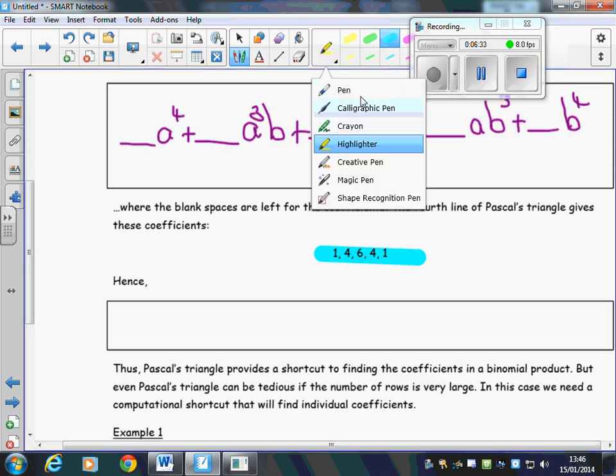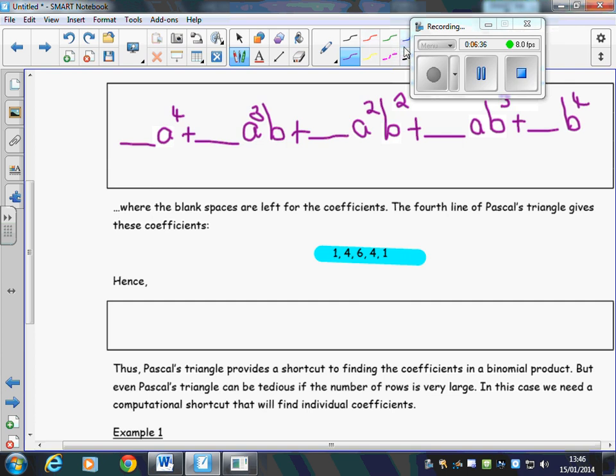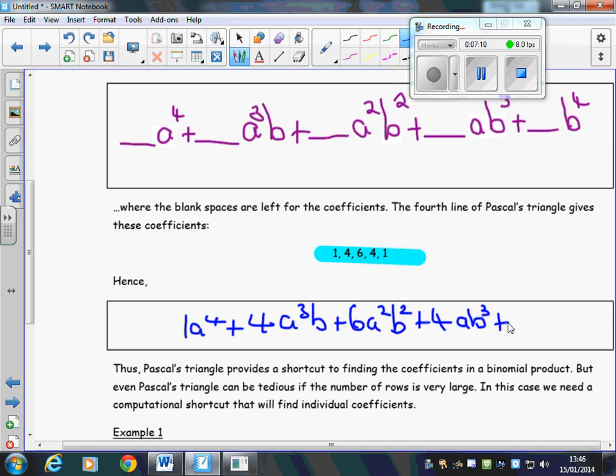So the expansion that we'll end up with is 1 a to the power of 4 from this part, plus, next one we've got is 4, so 4 a cubed b, plus, next one we've got is 6, that'll be 6 a squared b squared, plus, another 4, so that'll be 4 a b cubed, and then plus 1 b to the power of 4.